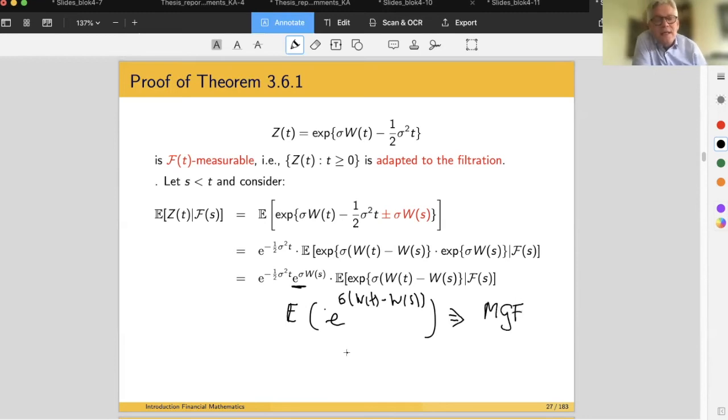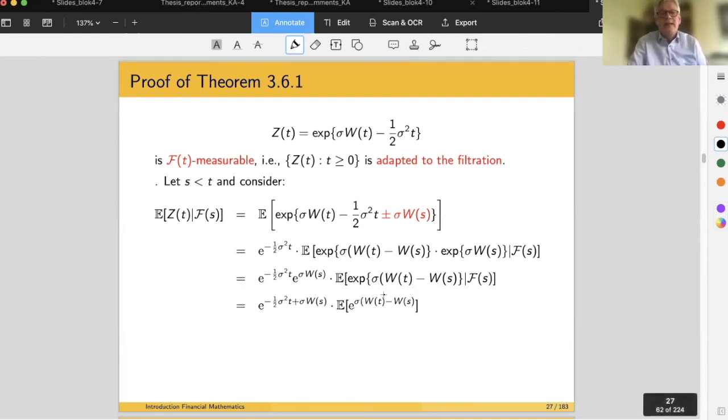We had the moment generating function, the expected value of e to the power u times x. Now, if for x we look at our increment, so normally distributed, and for u we may look at sigma, then we see that we can use known things, particularly because this is normally distributed. We can use the closed formula for the moment generating function in order to deal with this part.